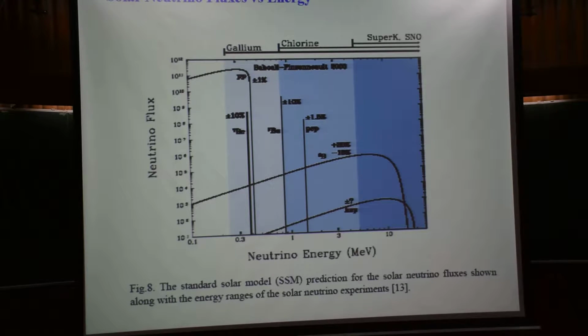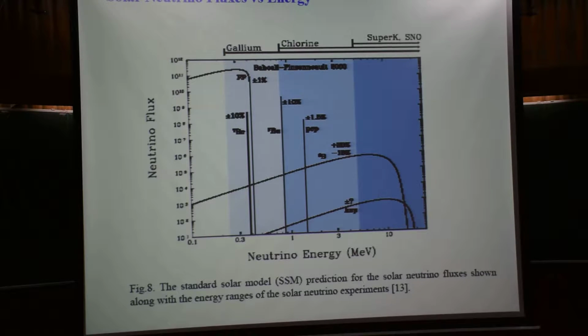In the high energy range, where Super K and SNO can see, the only contribution is boron neutrino. There is a small HEP neutrino, but that is really small. So we can't distinguish the flux from the PEP channel, and that is not important for us.